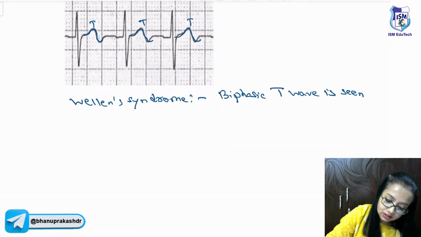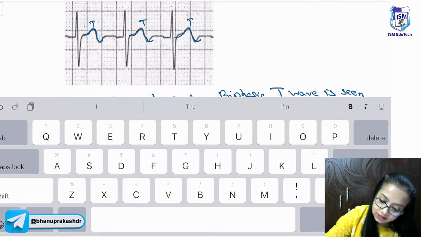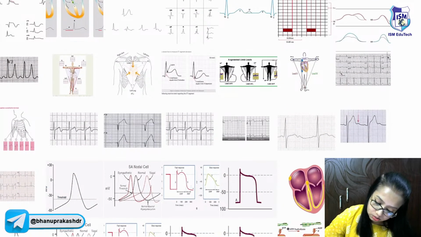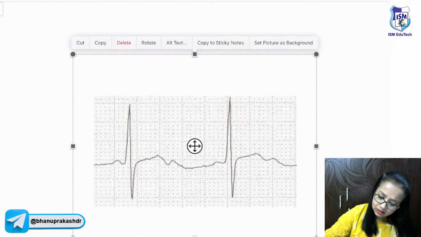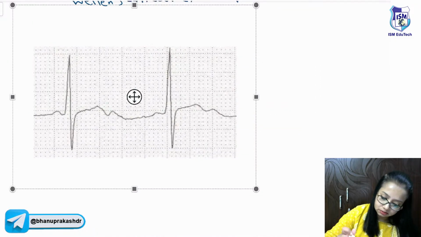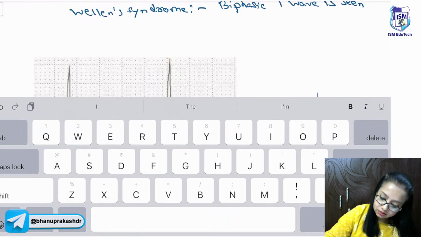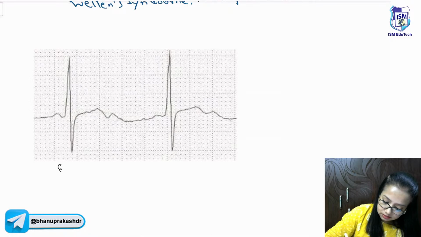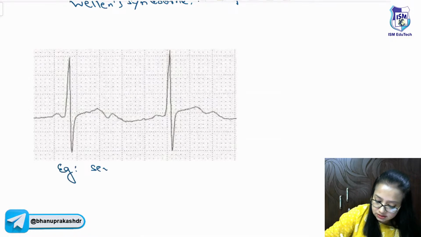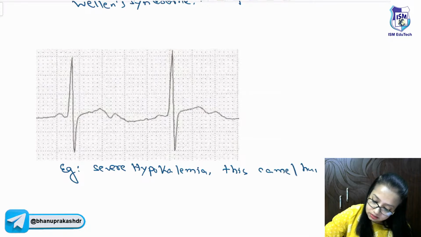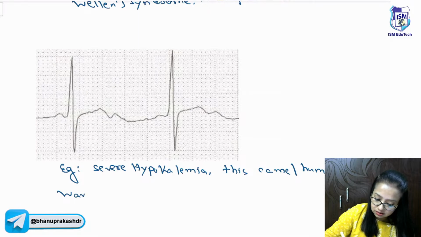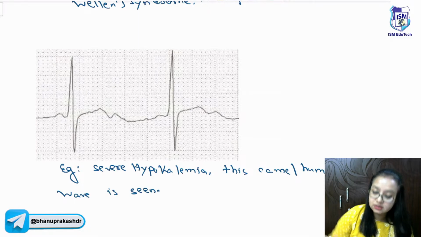And in case of electrolyte imbalance also, like severe hypokalemia, this camel hump T wave is seen.